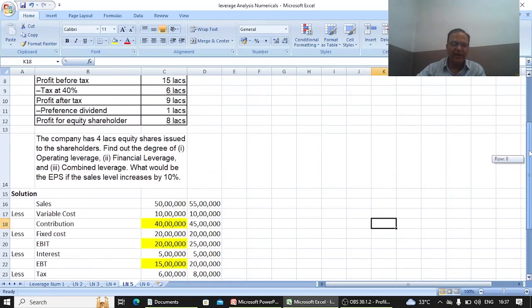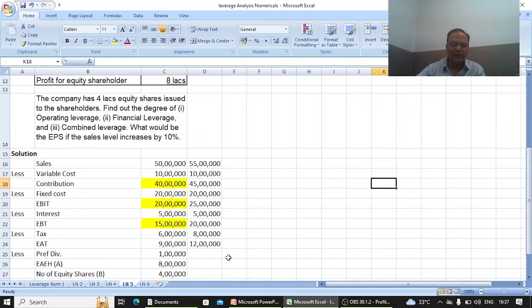Now preference dividend again rupees 1 lakh. Earning available to equity holders 11 lakh. Number of equity shares same.